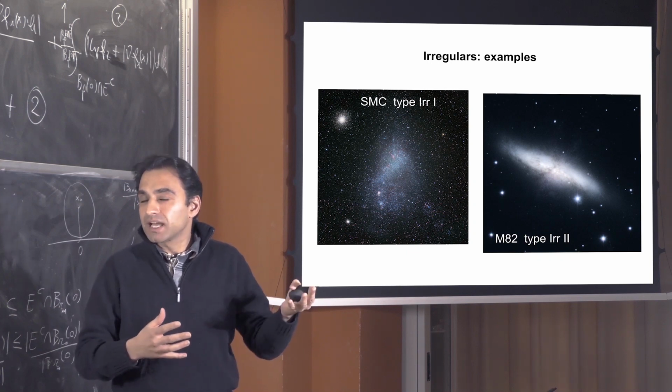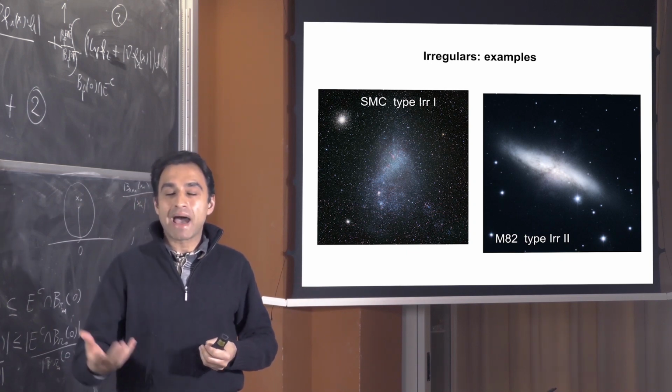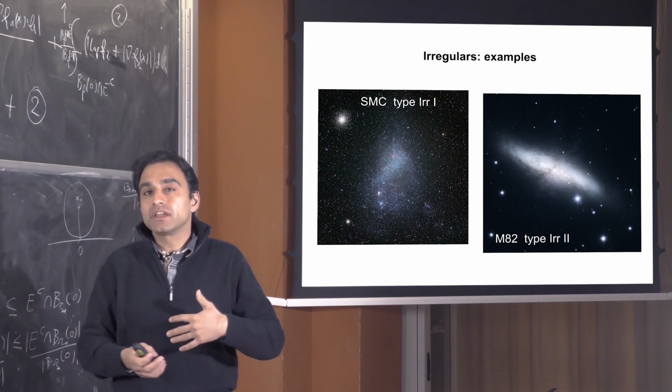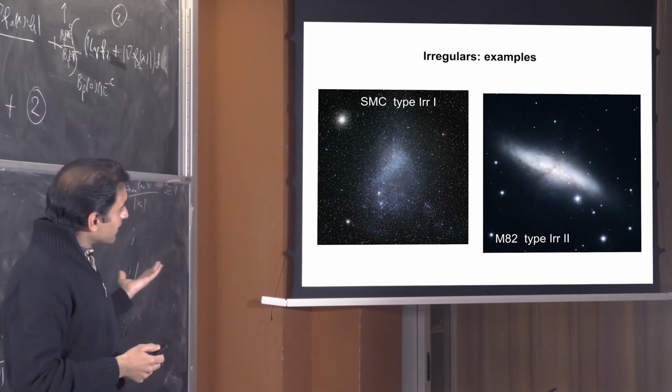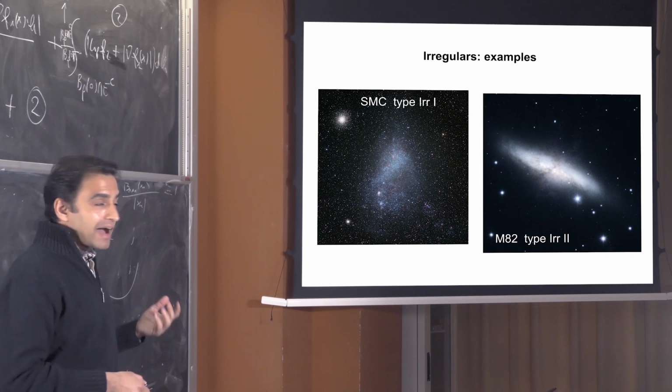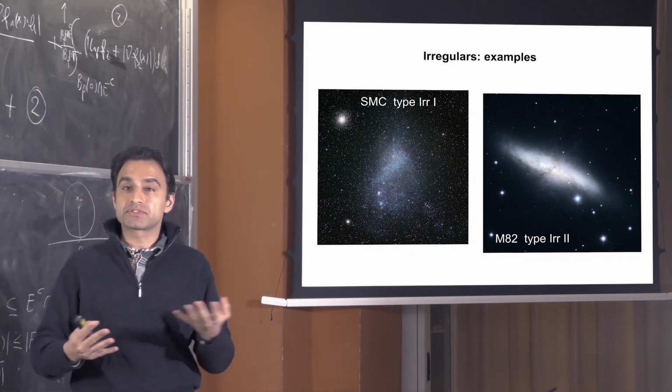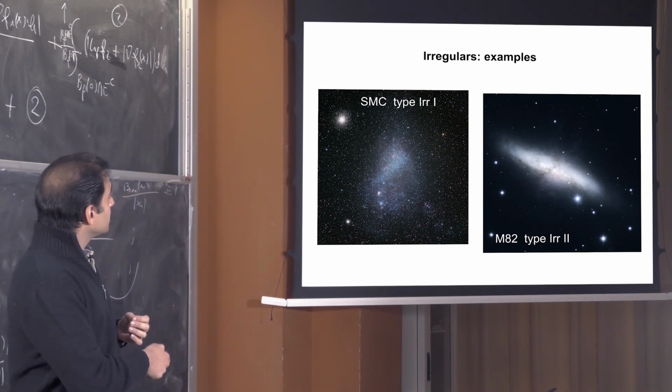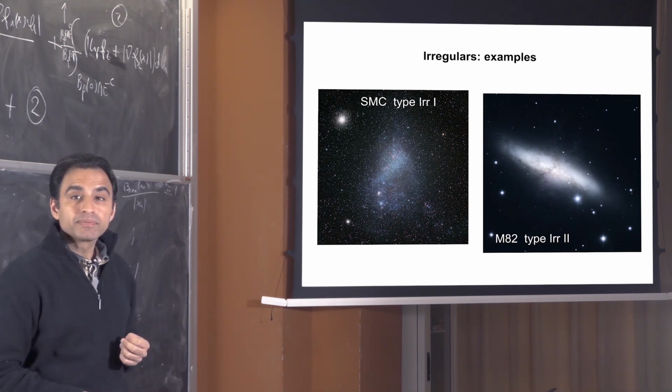They are not really ellipticals, nor lenticulars, nor real spirals. They're just irregular. In general, astronomers divide irregular galaxies into two types: irregular type 1 and irregular type 2.